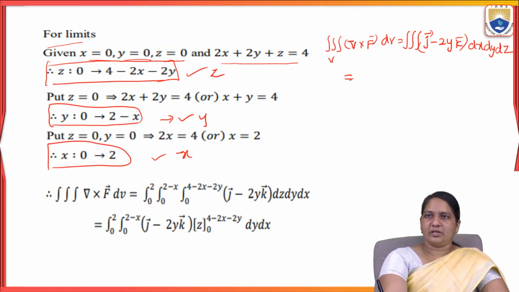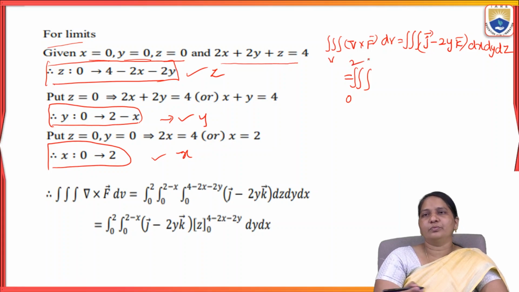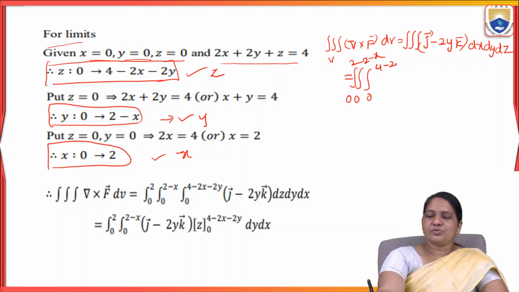Here the limits: z limits, y limits and x limits. Z and y are varying, so first we have to take the constant limits. So x limits are 0 to 2 and y limits 0 to 2 minus x. Next z limits are 0 to 4 minus 2x minus 2y.